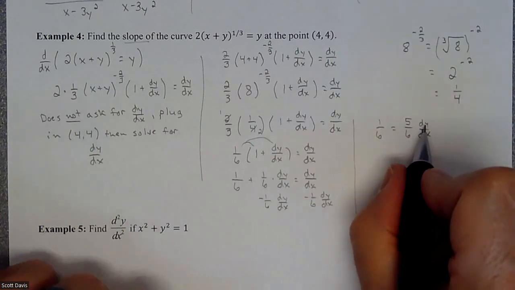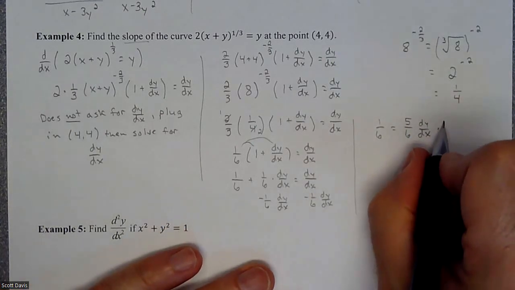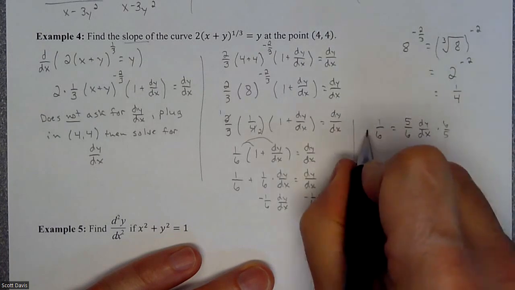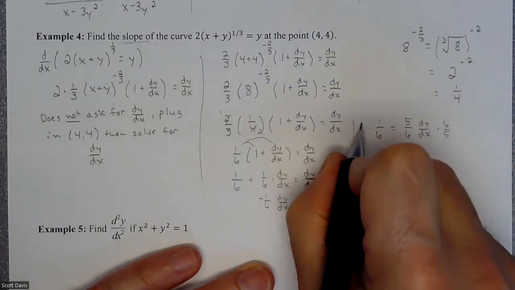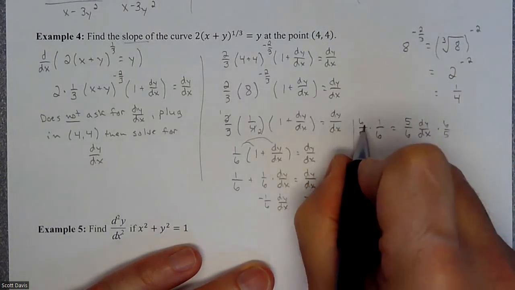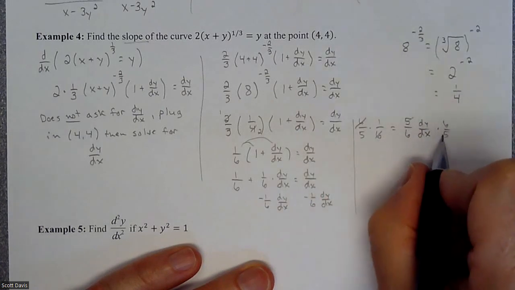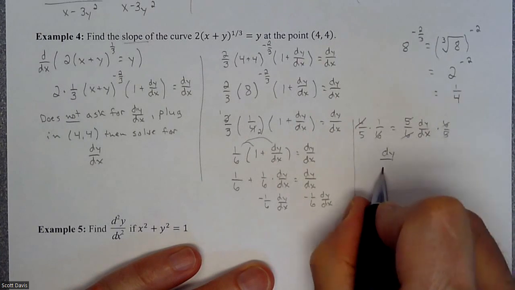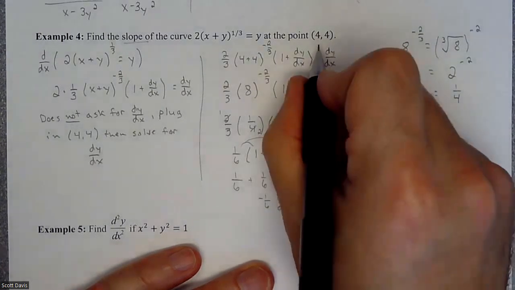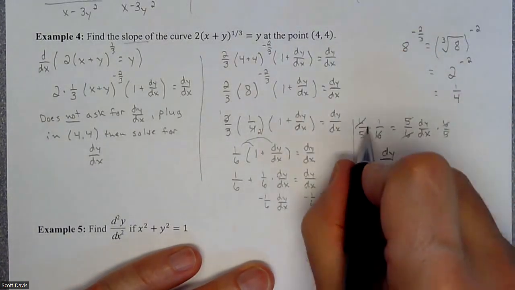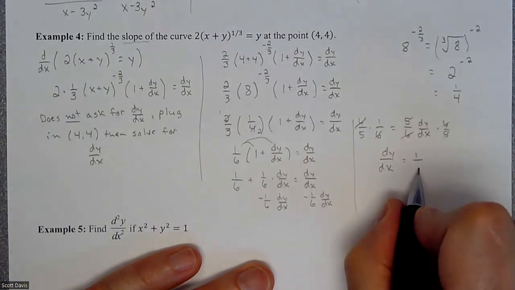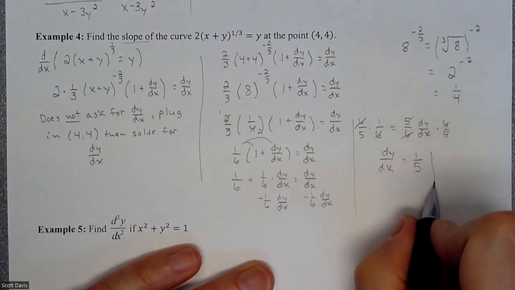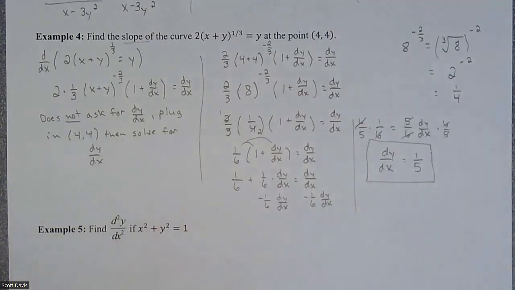Whew. And then to get this by itself, we're going to multiply the reciprocal over to the other side, so times 6/5. Sixes go away. That would totally cancel. And our dy/dx, our slope at that particular point, is going to be 1/5. And that is our slope.